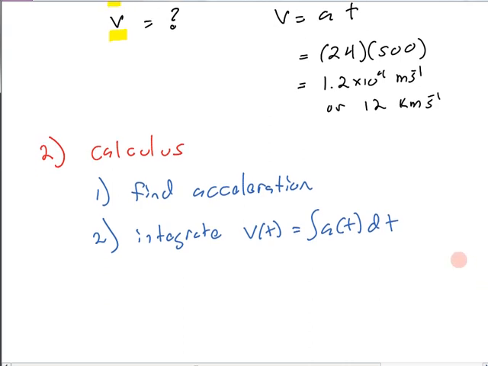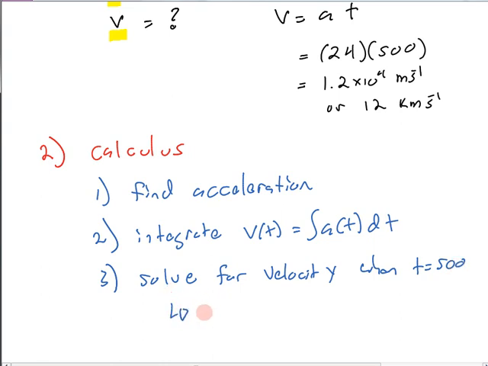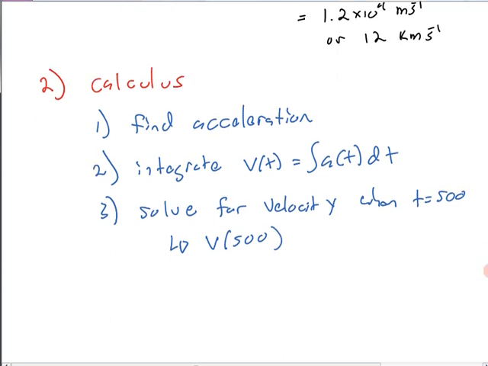Once we have the velocity, we can then solve for the velocity at the end of the trip, or when time is 500. In other words, we'll solve for v of 500. Well, that's the plan anyway, and it starts with finding a measure of the acceleration.